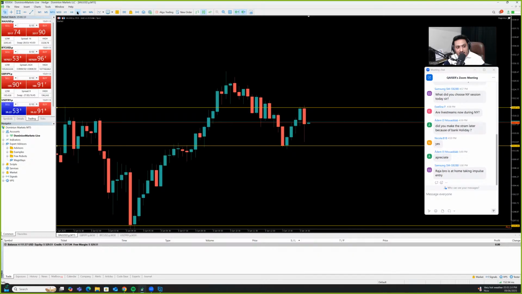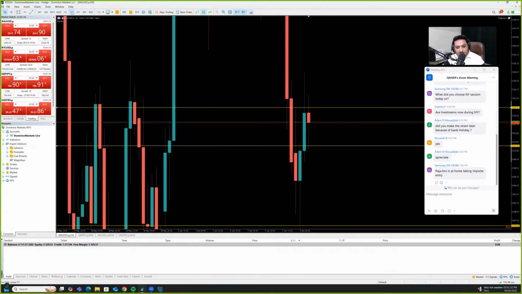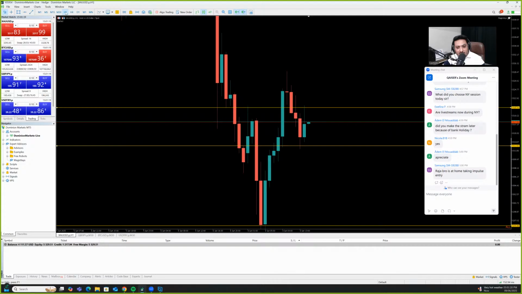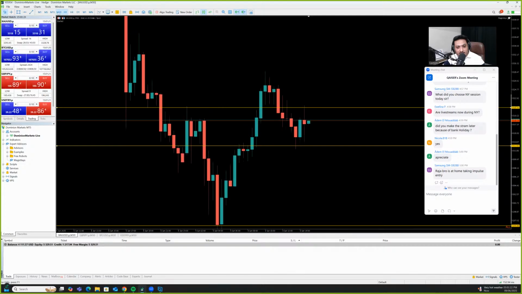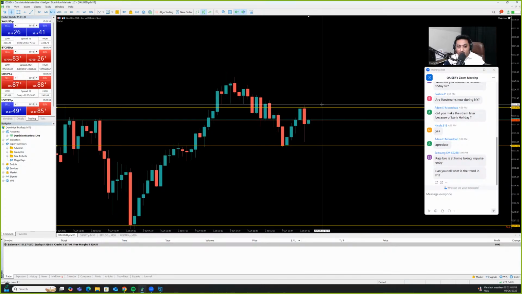If I look at weekly, daily, H4, H1, M30, M15, to be honest, right now it's doing some kind of consolidation. If it breaks above this resistance area, it depends on the volume. I'm repeating it again, it would depend on the volume of NY.